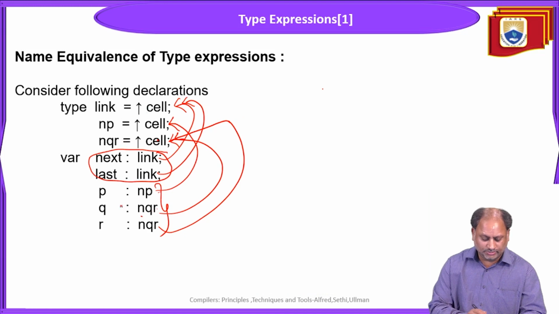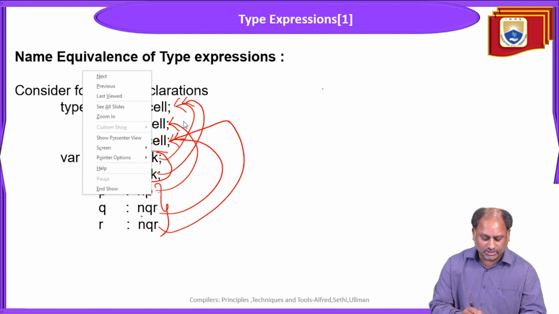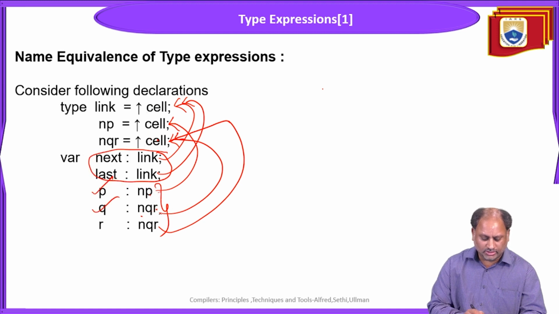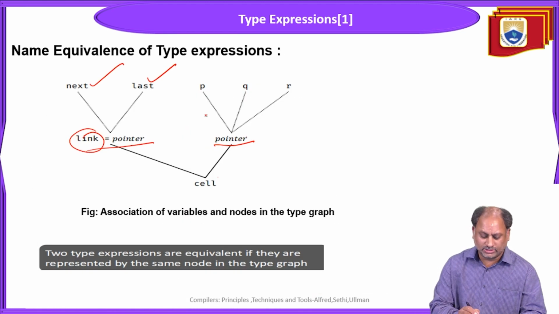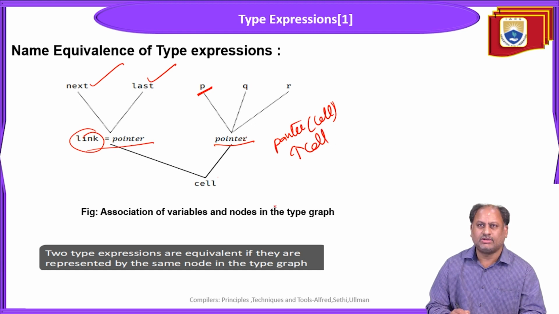So pointer of cell P. What is P? P is NP. NP is what? Pointer of cell. Q is NQR, it is pointer of cell. R is NQR, pointer of cell. So we are going to describe P as pointer of cell, or we can also write it with an arrowhead, pointer of cell. What is Q? Also pointer cell. What is R?